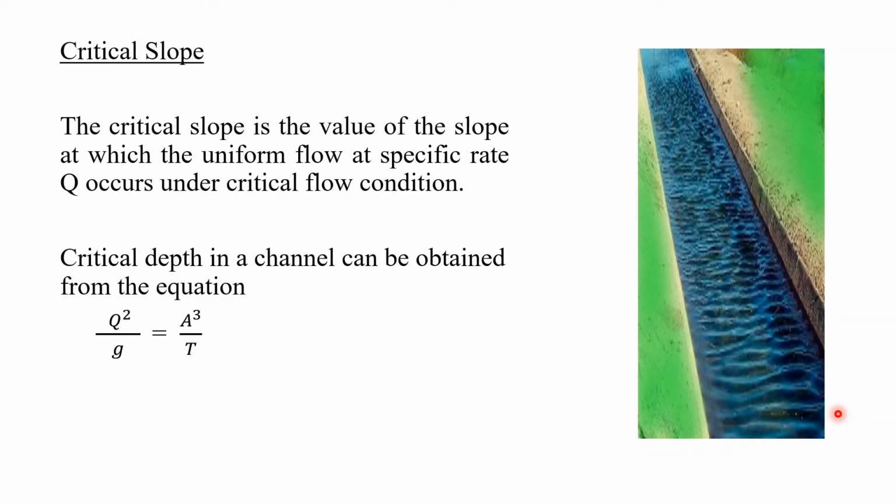Critical slope. The critical slope is the value of the slope, which can be obtained from Manning's or Chezy's equation, at which the uniform flow at specific rate Q occurs under critical flow condition. Critical depth in a channel can be obtained from the equation Q square by g equals Ac cube by Tc.